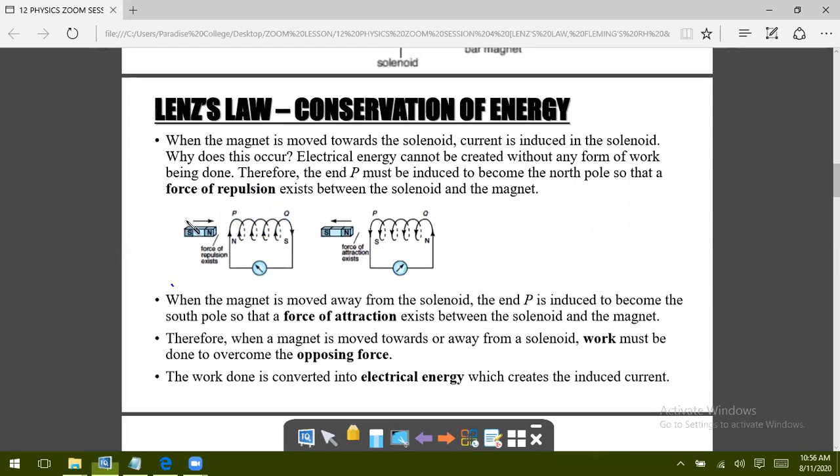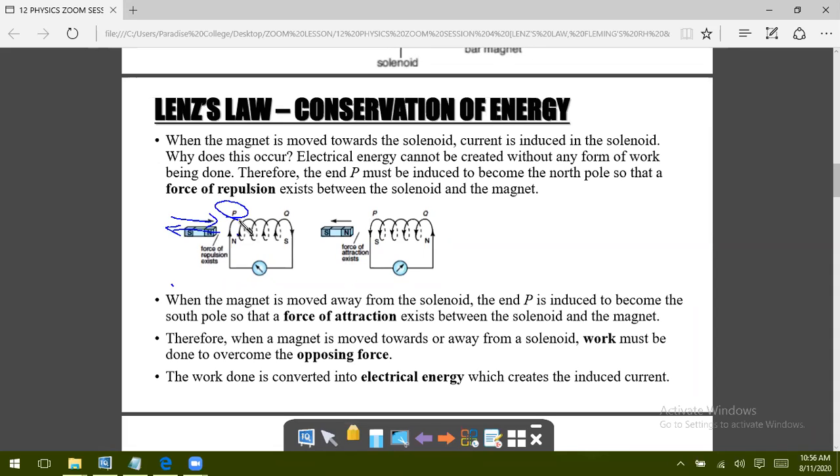So the North pole is brought to point P. In order for the solenoid to become a temporary magnet that pushes this one away, what should point P be, a North pole or a South pole? It will become a North pole to oppose the change in motion.